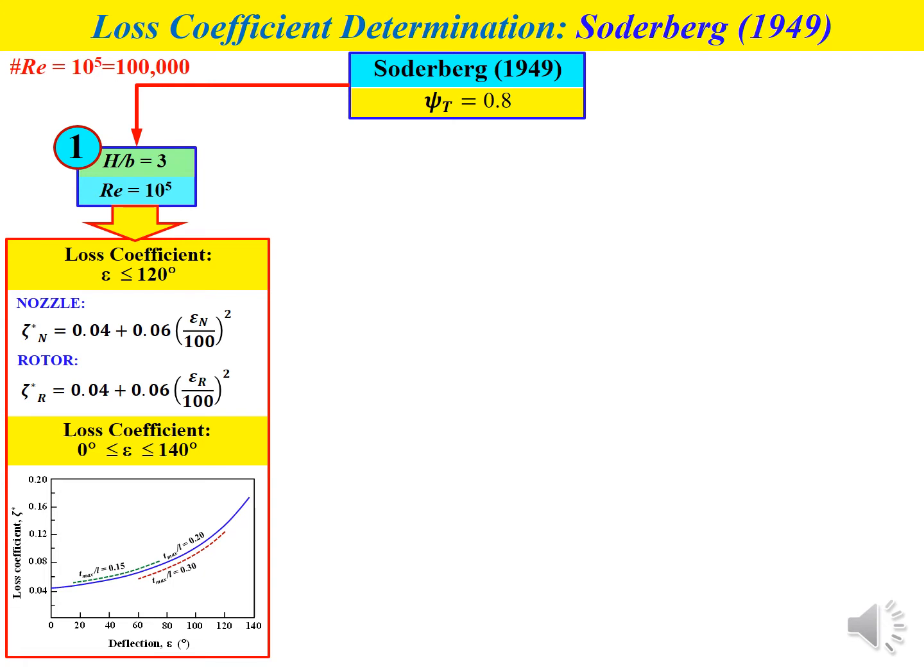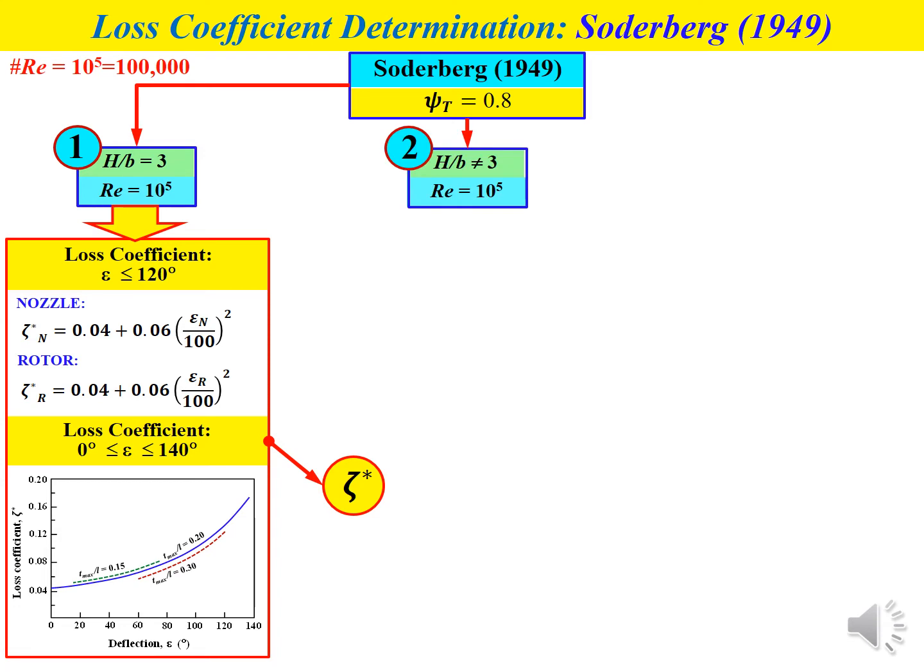We can use the equation or we can use the graph of loss coefficient suggested by Soderberg, where the graph is valid for deflection angle between 0 degree up to 140 degree. From the graph, if we know the deflection angle, we can determine the loss coefficient zeta star for both the nozzle and the rotor.